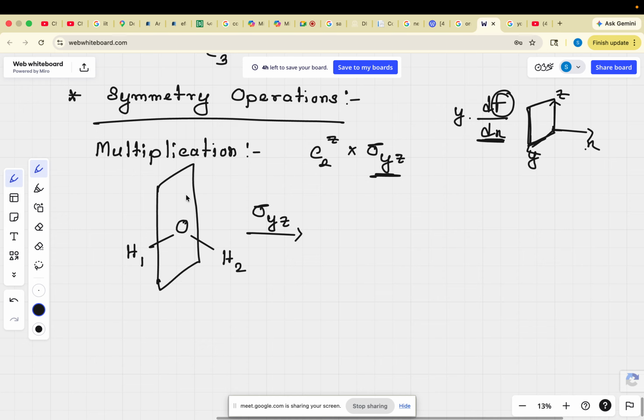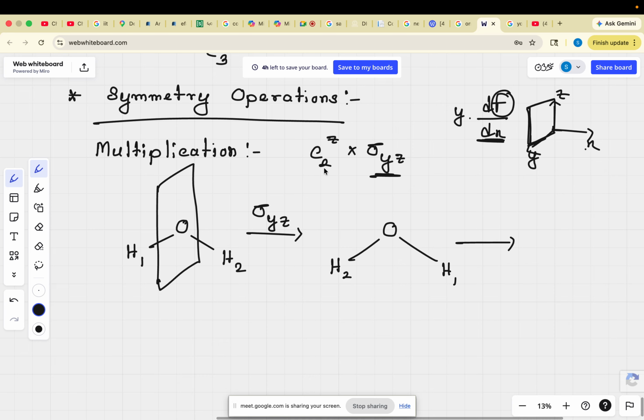If you pass this plane through the oxygen atom only, this h1 and h2 become mirror images of each other. If you pass the yz plane, in the mirror image h2 will come to here and h1 will come to here. h2 will be on the opposite side, h1 will come to the opposite side, that's it.